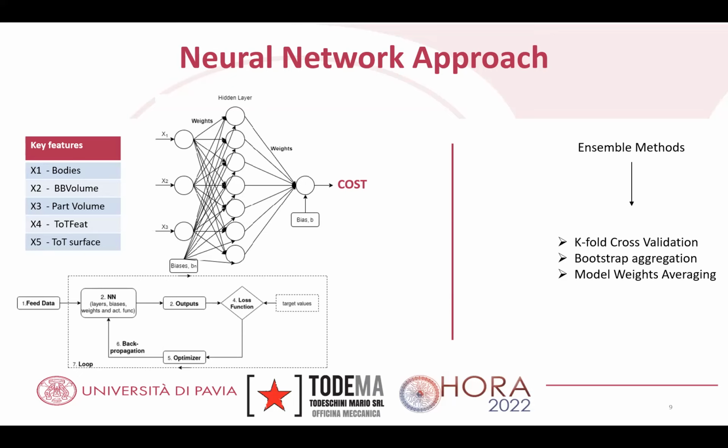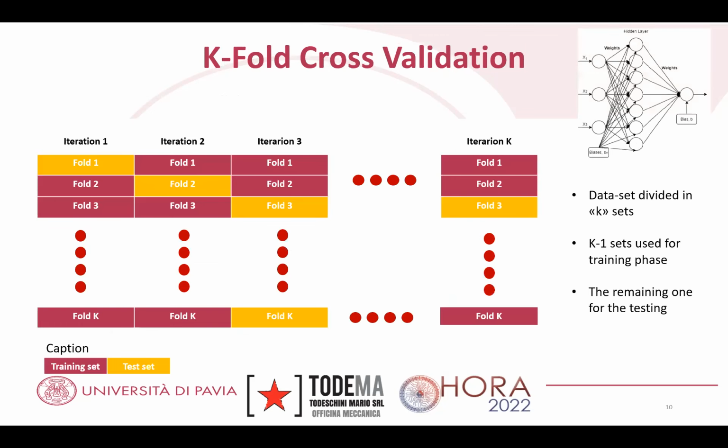And as I said at the beginning, we do not use a simple neural network, but we involved the ensemble method. Specifically, we use the k-fold cross-validation, the bootstrap aggregation, and the model weights averaging. We use them in order to overcome the nature of the dataset, wide in terms of different components, and small in terms of size.